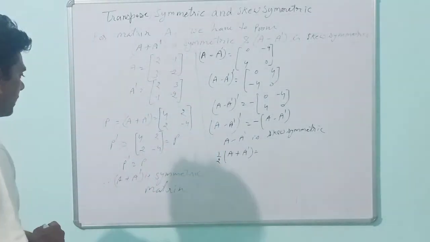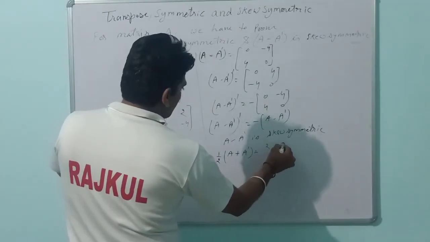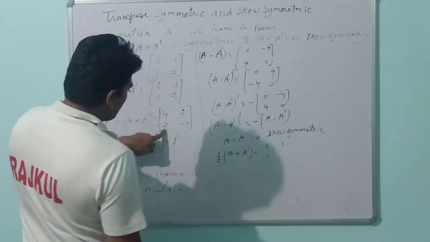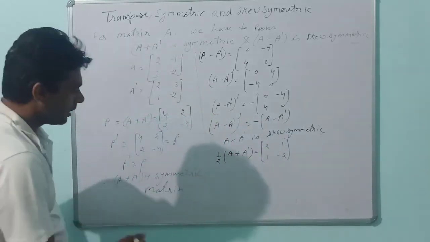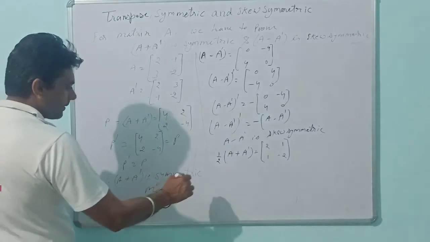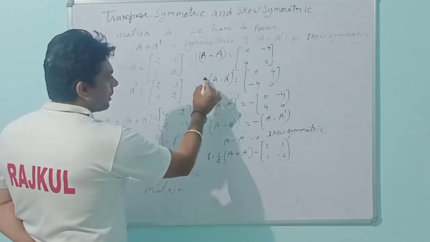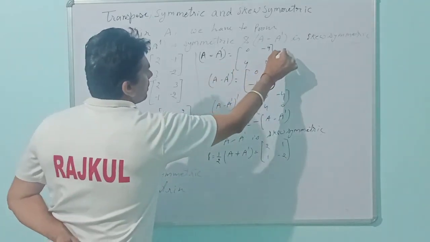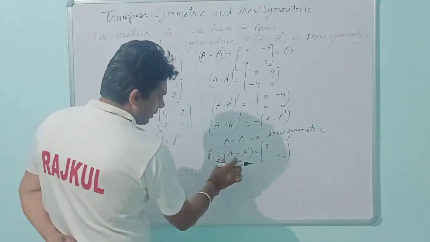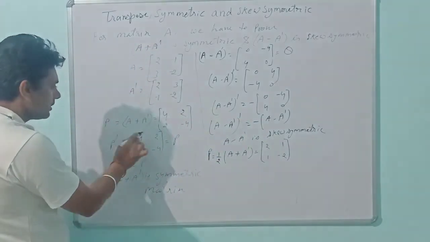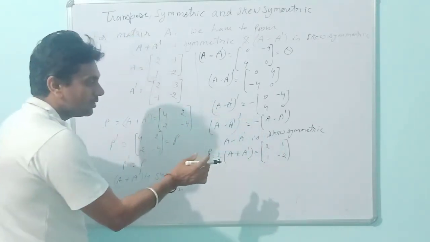A plus A transpose is this, which becomes 2, 1, 1 and minus 2, and this is P. If P is symmetric, then half of A plus A transpose is also symmetric.